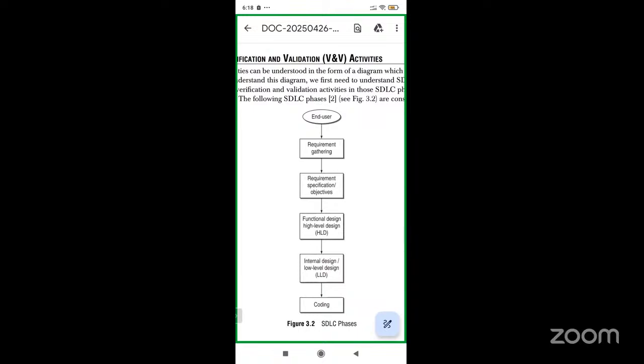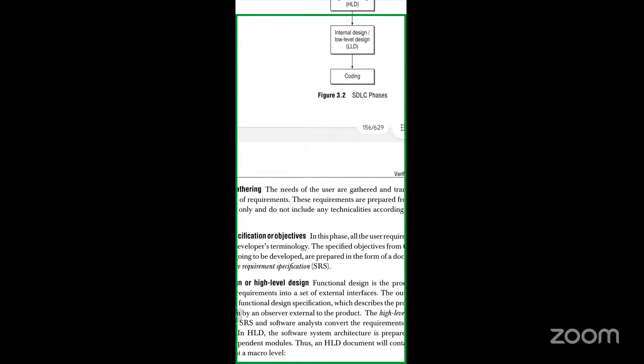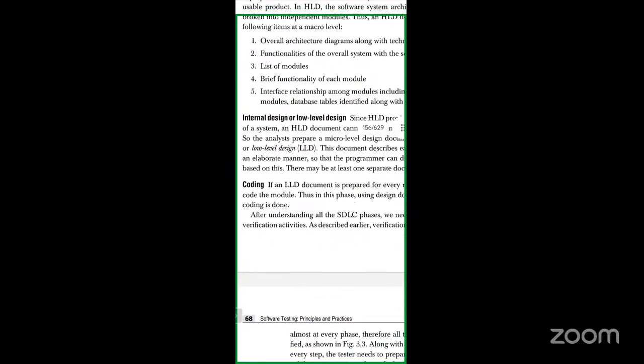Then coding is done. Then they go for the testing and all. So all these phases are our SDLC phases.